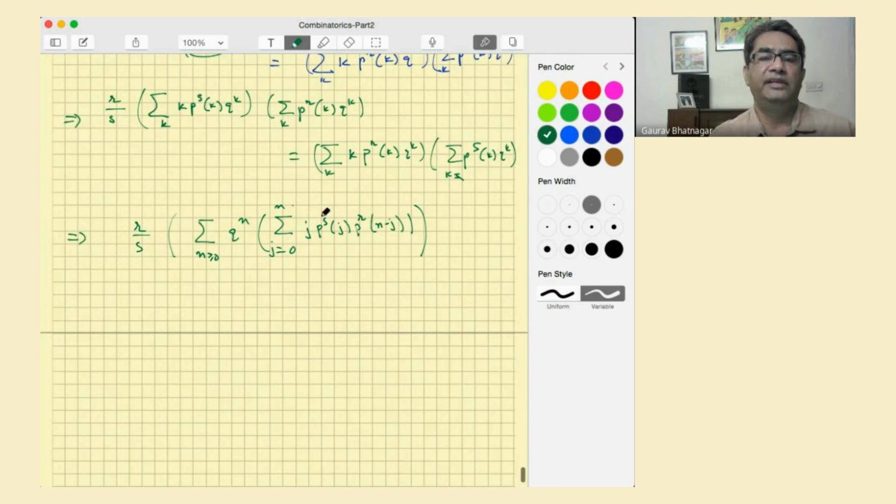So this whole thing multiplied by q raised per n and summed over n, again n going from 0 to infinity, and again this time I want the psj here. So psj, and now n minus j is inside here, pr n minus j.